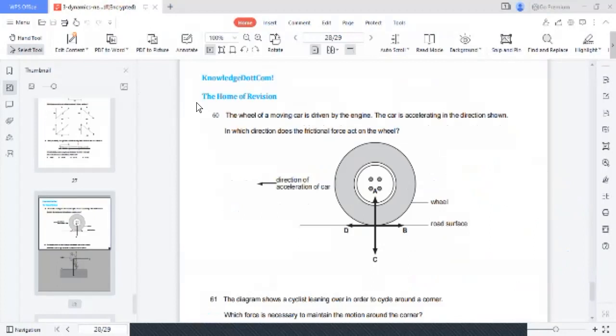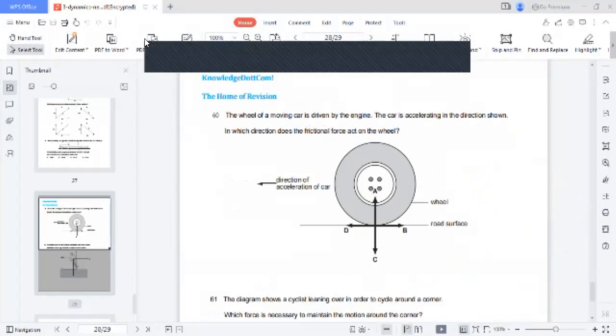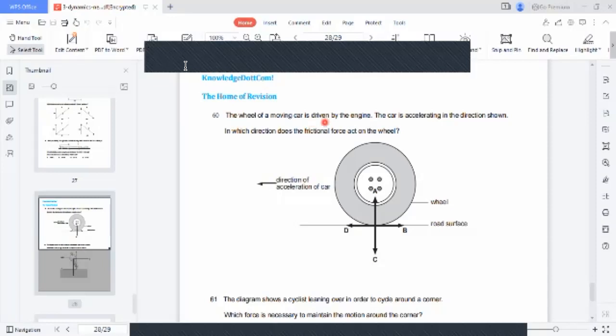The wheel of a moving car is driven by the engine.